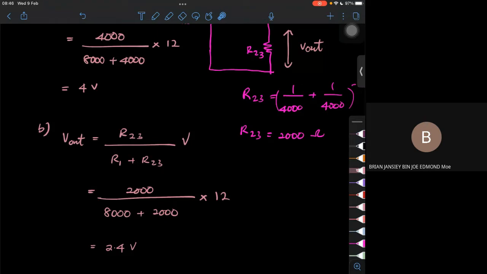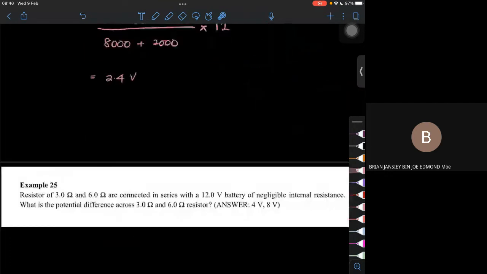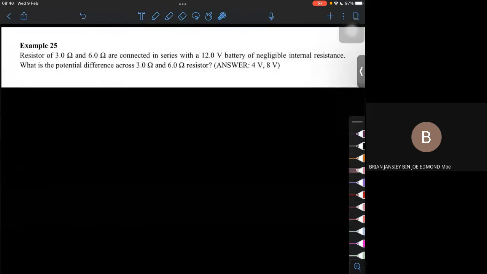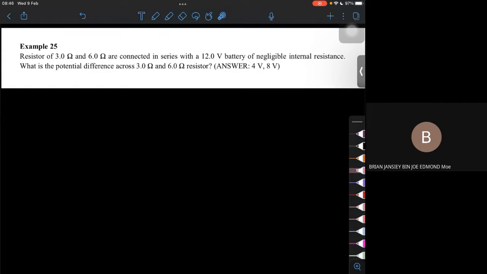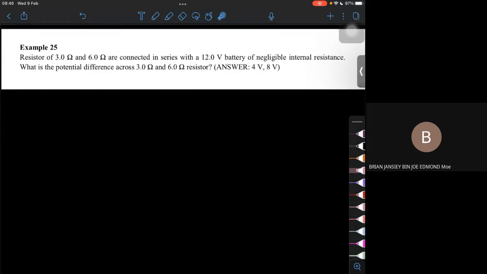Okay, kalau tidak soalan, let me proceed to the next example. Okay, so this example sama juga macam soalan yang tadi, but we are not given the circuit. Okay, so here we are given the resistor 3 ohm and 6 ohm are connected in series with 12 volt battery of negligible internal resistance.